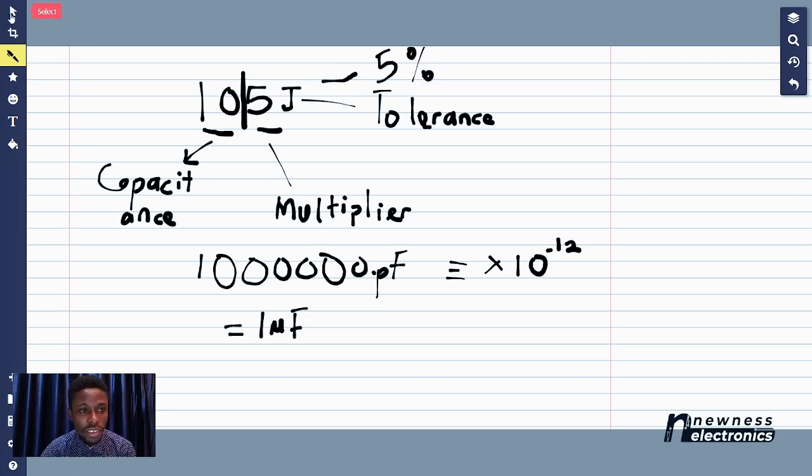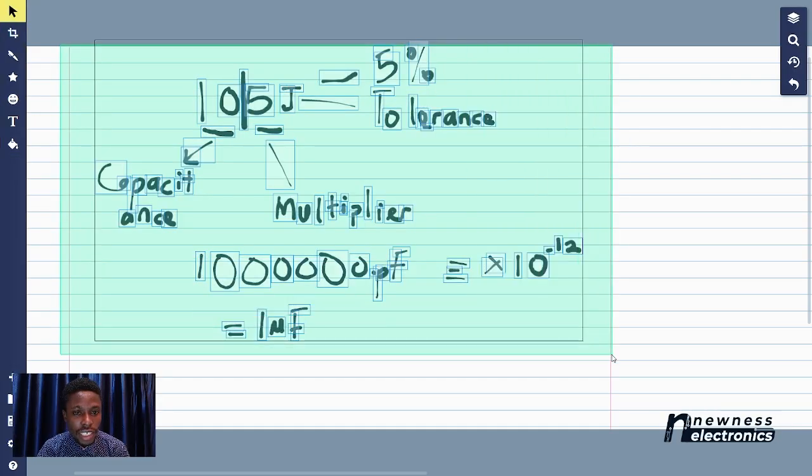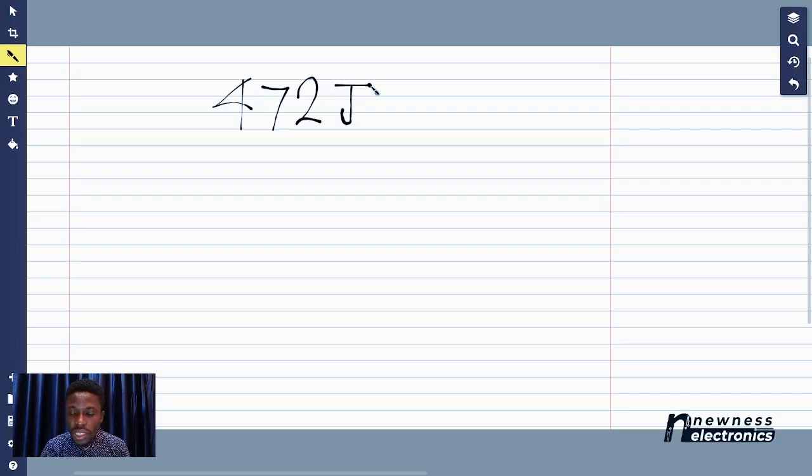Okay, having said that, let's take another example. If you have 472J, what will be the capacitance? Remember, 47, then you have two zeros, and the value is in picofarad.